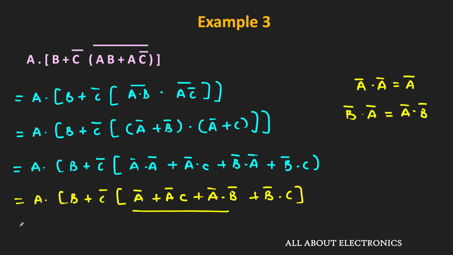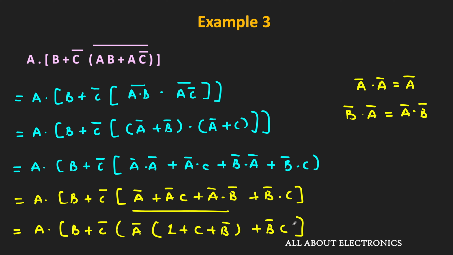So now we can write this expression as a dot b plus c bar, and in the bracket when we take this a bar common, then we will have 1 plus c plus b bar, and this b bar dot c will remain as it is. Now we know that 1 plus something is equal to 1. That means this entire term will be equal to 1.